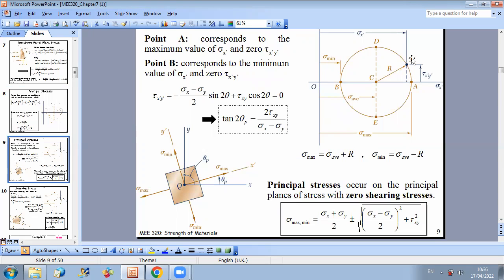Then we can deduce the state of stress in any frame that is rotated with respect to the x-axis by an angle theta. Now let us see some additional properties of interest.